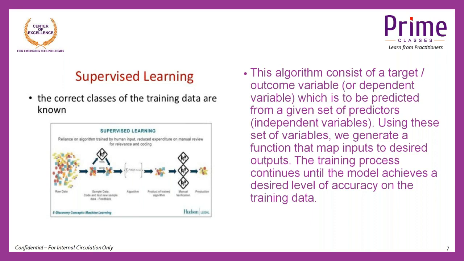So x's are the inputs: how far the land is from the airport, how far the land is from the nearest school, how far the land is from, say, the office, the corporation. We are looking at these factors which are going to have an impact on your y.